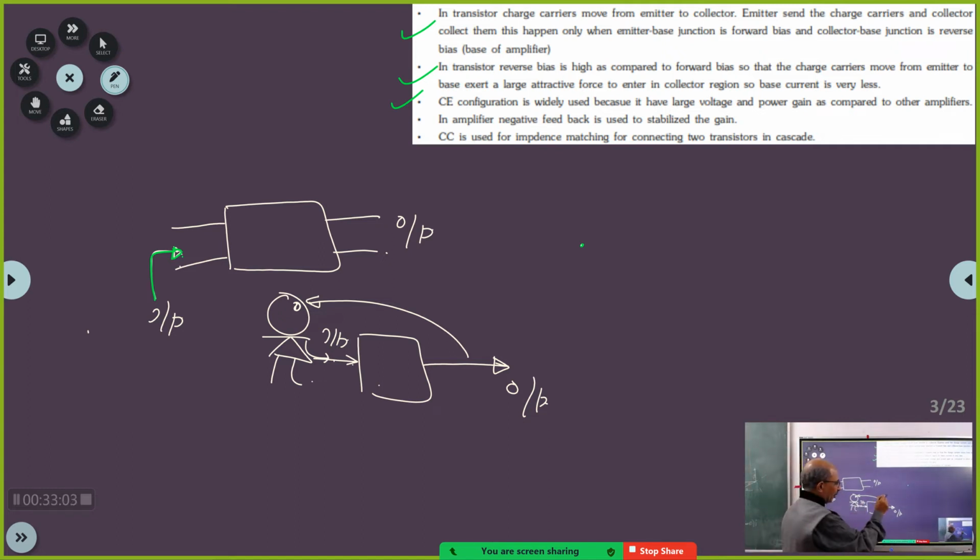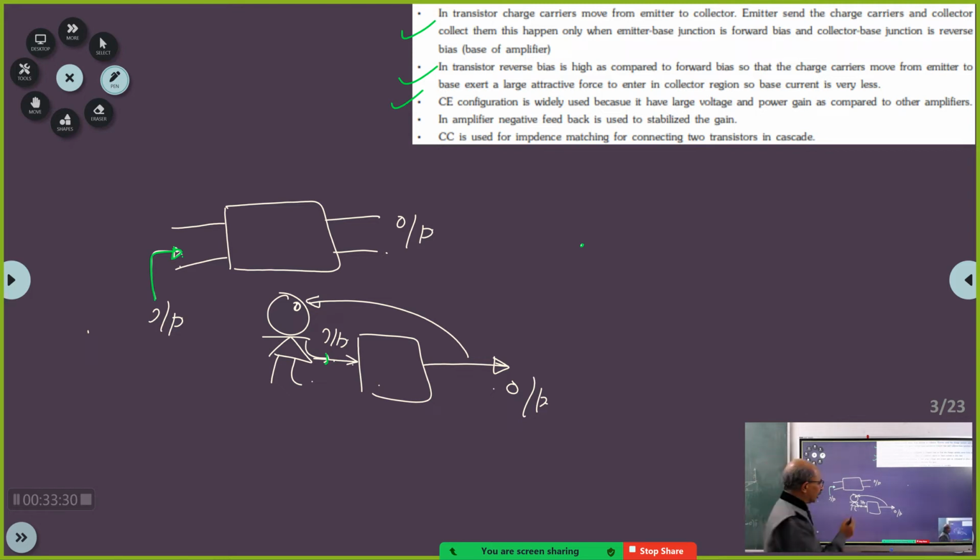If the tip is very far off, my brain will tell my hand, come on, move. So the input here becomes the distance between this point and the tip of this pen. Clear? That becomes the input. And what is the output? With this input, how much my hand will move, that becomes the output.